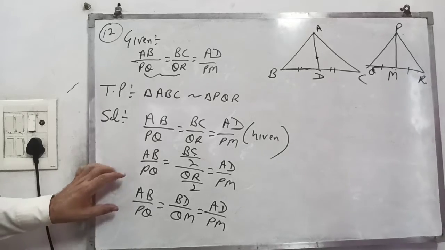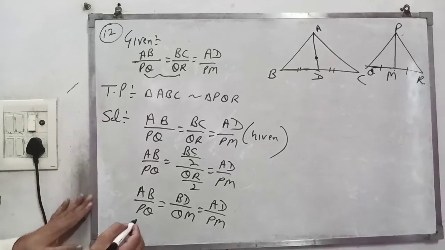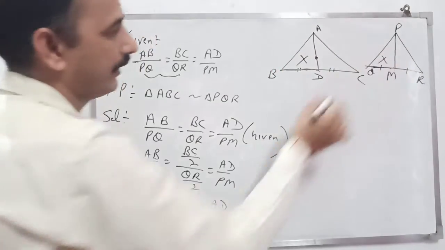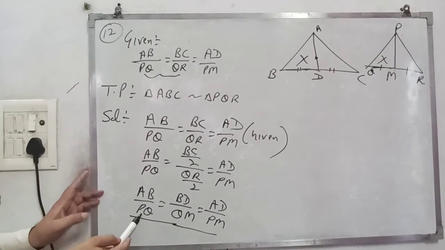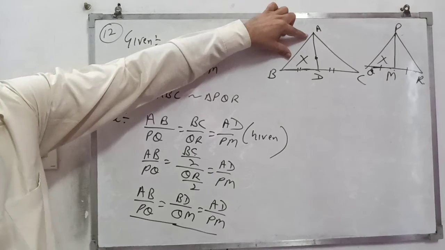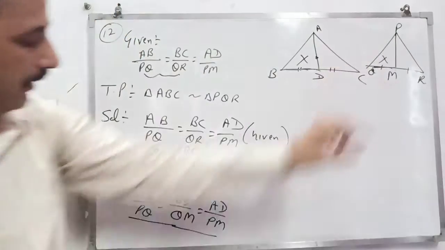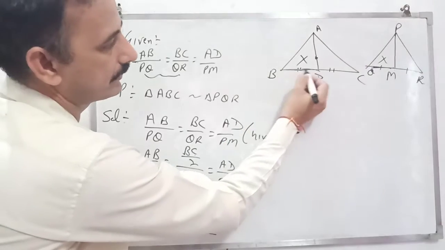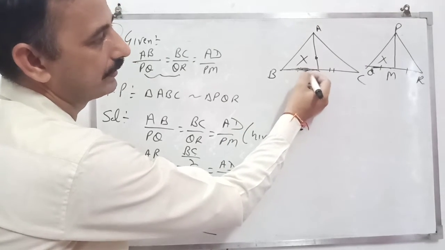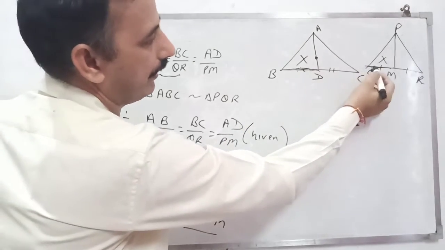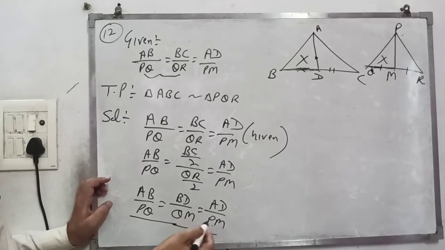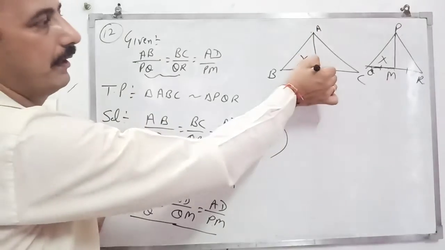Now you find that these are the ratios of sides of these two triangles. That's one triangle and that's the other triangle. Look, AB is from this triangle and PQ is from that triangle. BD is a side of this triangle and QM is a side of the PQM triangle, and AD and PM are the medians.